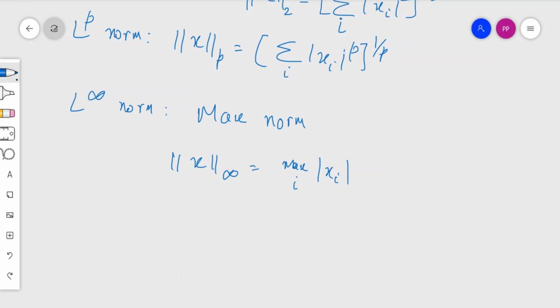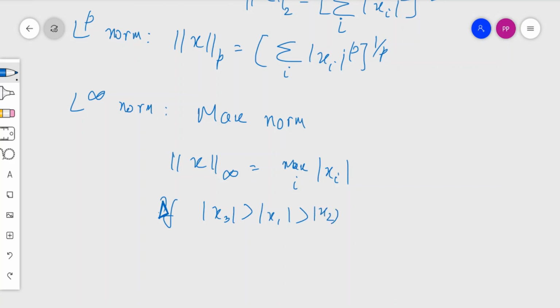We can understand that, suppose in a vector we have three elements, say x1, x2, x3, and suppose the modulus of x3 is greater than the modulus of x1 and greater than the modulus of x2.